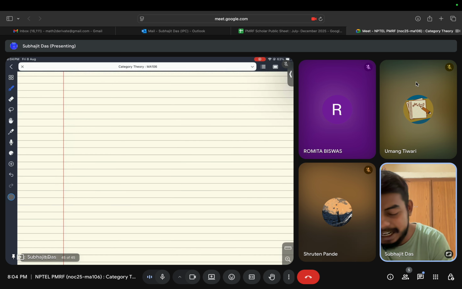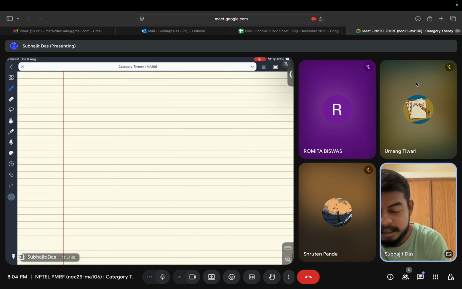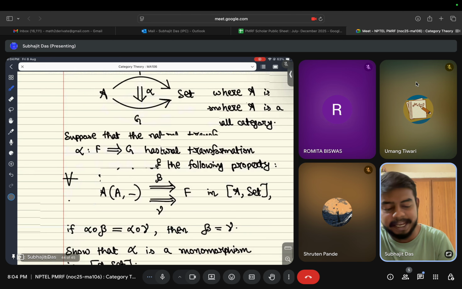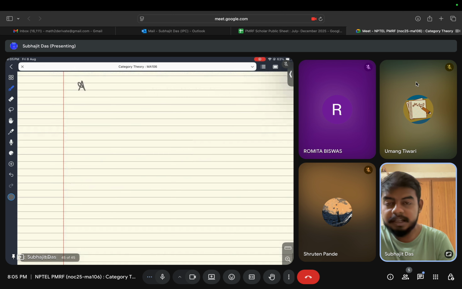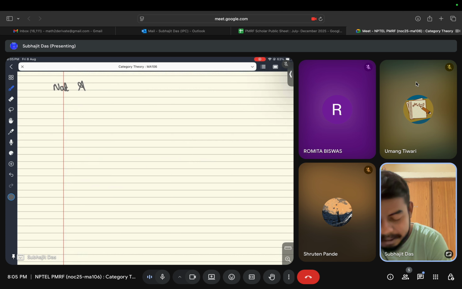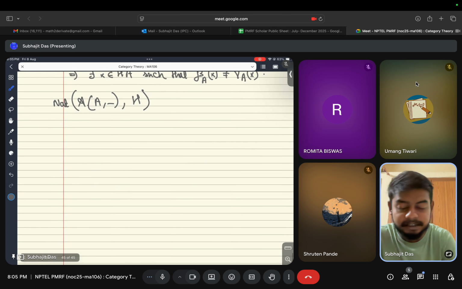So what does the Yoneda Lemma actually say? The Yoneda Lemma says that for a locally small category A, in this case we have assumed A is small itself, you have the set of natural transformations from this functor to any arbitrary functor H from A to Set.